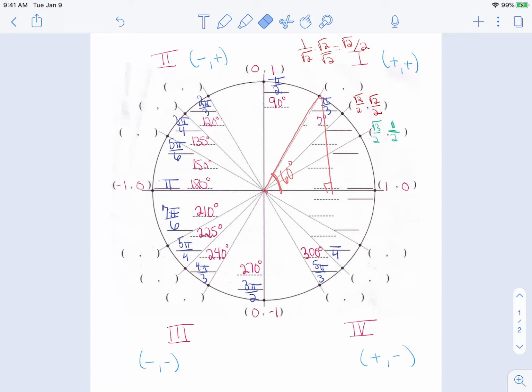If this is a right triangle that I created, and that's 60 and this is 90, that forces this angle to be 30 degrees. Again, the only thing we know is our hypotenuse is 1. We want to find our short leg first, which is across from your 30. So this would be 1/2. And then this one I multiply by root 3. So this coordinate is: I went to the right 1/2 and I went up root 3 over 2.